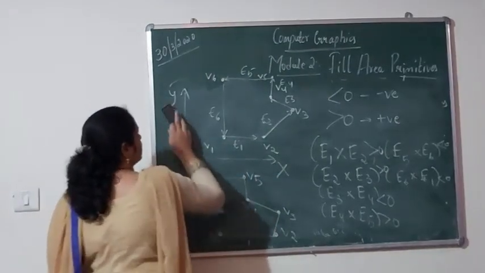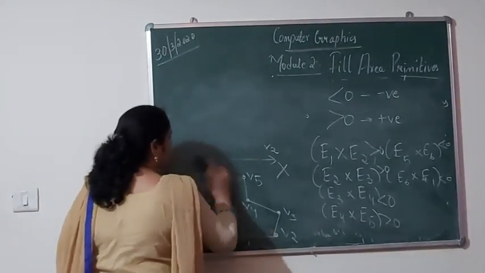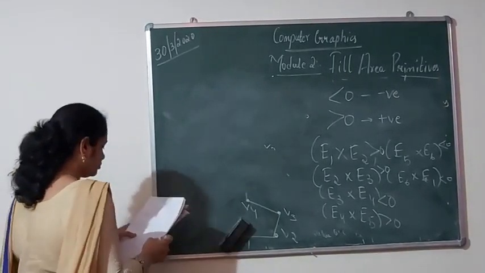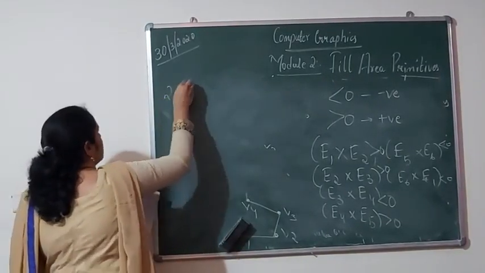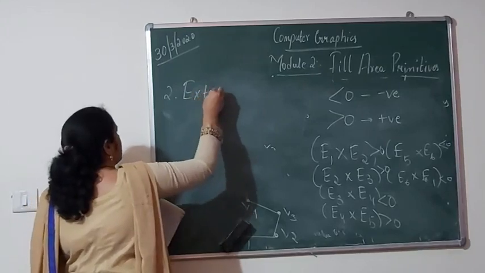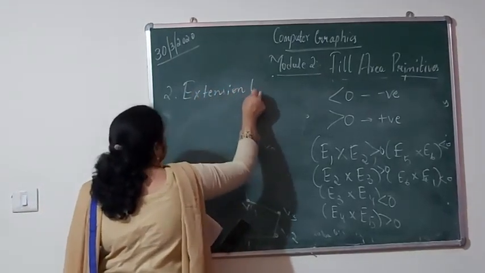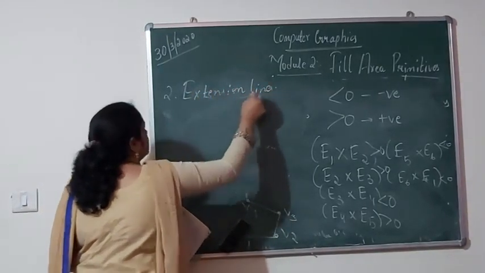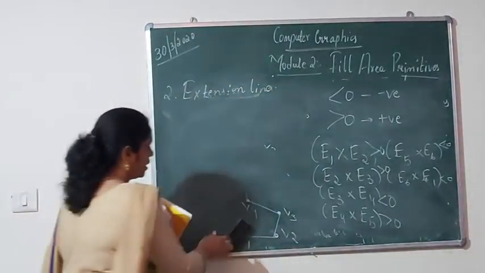The second method of identifying a concave polygon is by using extension lines. The second algorithm to identify the concave polygon is by using the extension lines.